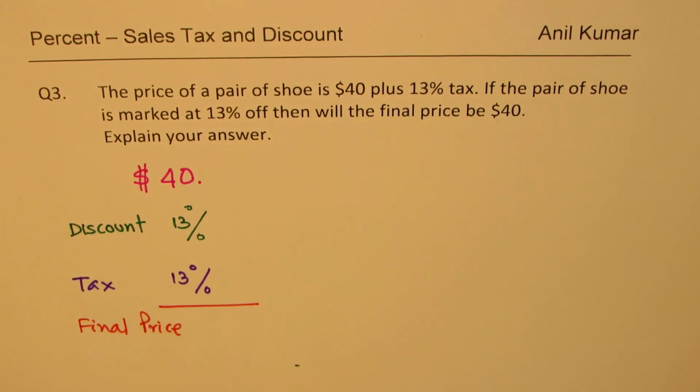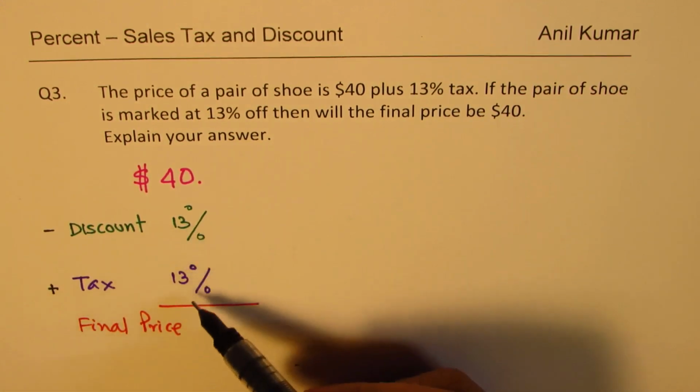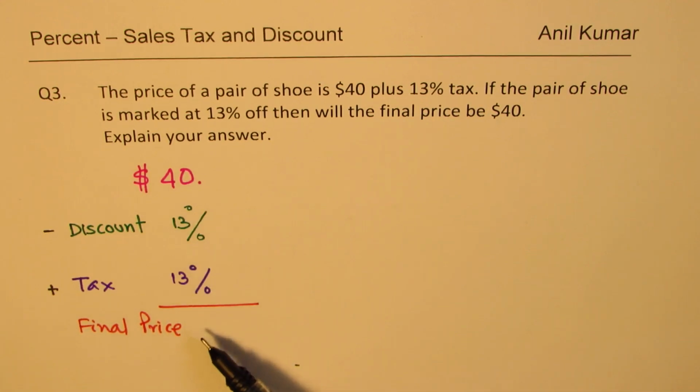Now, as you know, discount will be taken away and tax will be added. Now, will these two 13% cancel out and you get the final price as $40? That is your question. Perfect. So I'd like you to think about it. This price will be 40, this price will be more than 40, or it will be less than 40. That could be a multiple choice question.